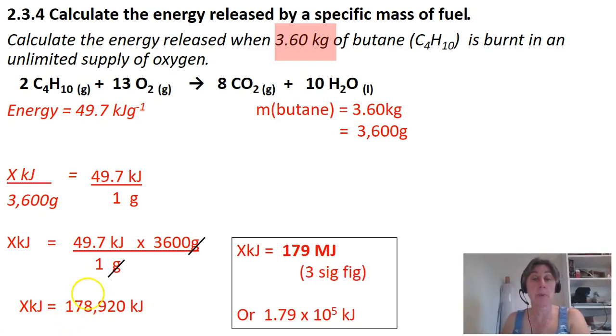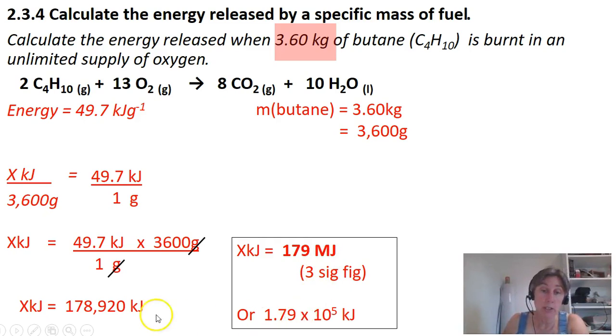So you would divide it by 1,000, and then move the decimal place to here, so you would get 178.9, so you round it up to 179 megajoules. So that gives you 3 significant figures.